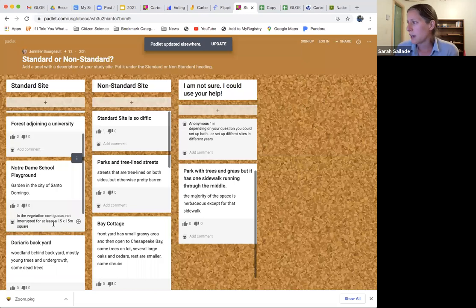And that also goes for the question over here, the park with trees and grass and one sidewalk running through the middle. It kind of depends on the sidewalk. Does it seem like sort of a natural environment with one small path, or is it a very manicured environment?